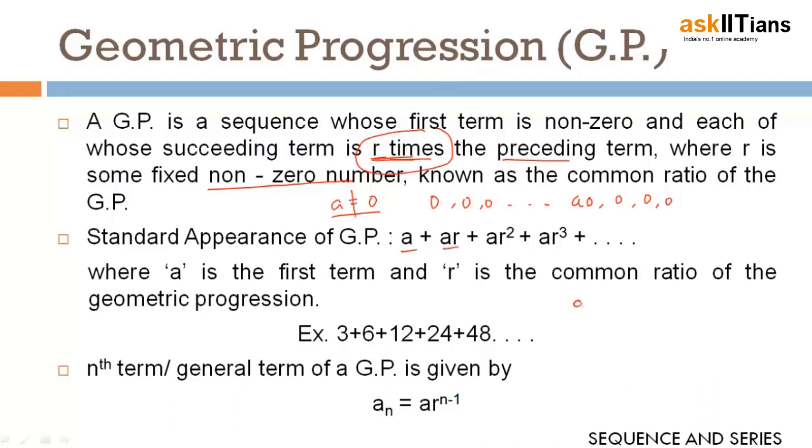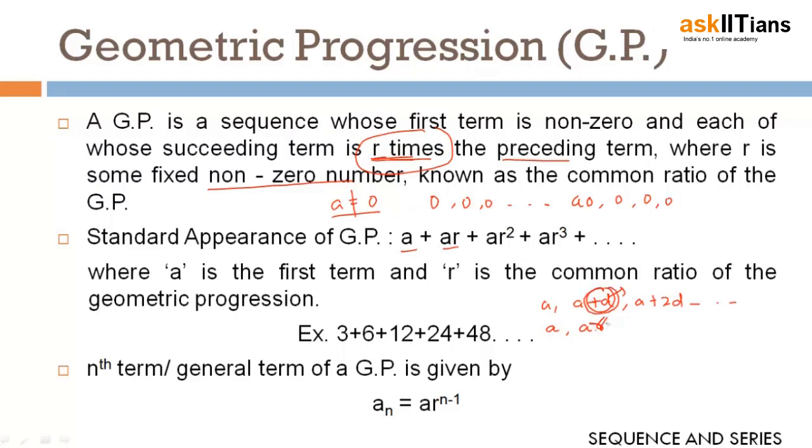If we compare it with the AP, this was the general terminology there. In this, instead of addition, see, we used the word d there to denote the difference. Instead of d we will use r; d and r are both the same kind of thing, a fixed constant which is modifying the sequence.